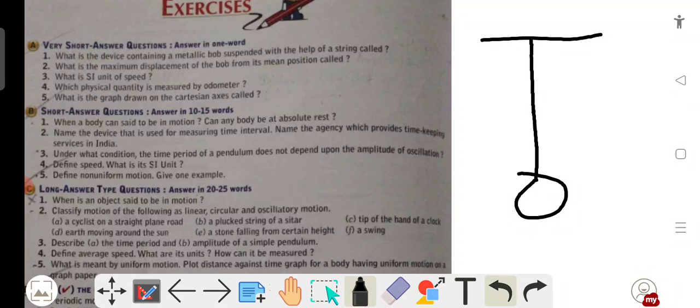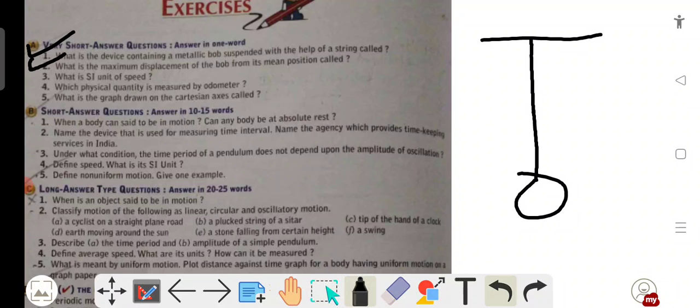The metallic bob is also called the metallic ball. It is a rigid part, and from this a metallic ball is hanged by a string. This is called a simple pendulum. So the answer for question A1: the device containing a metallic bob suspended with the help of a string is called a simple pendulum.